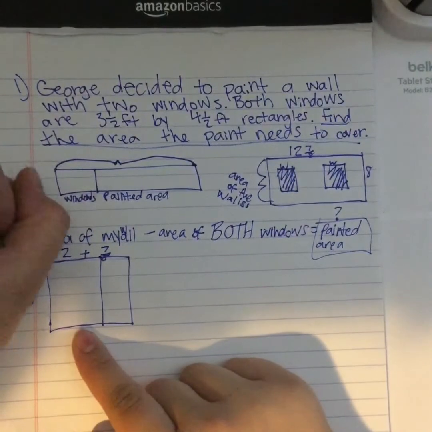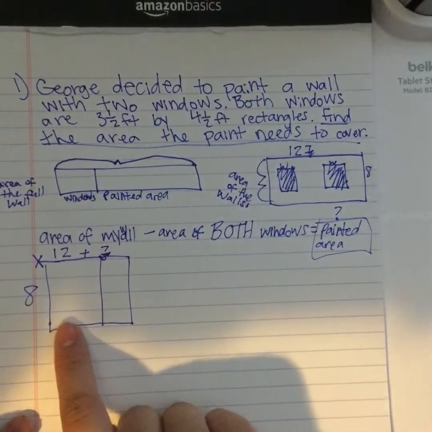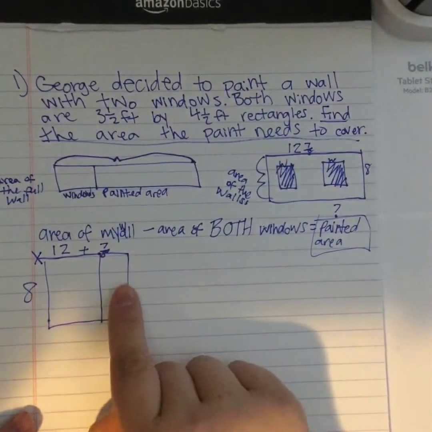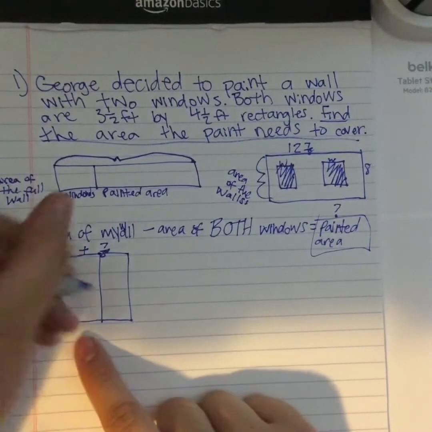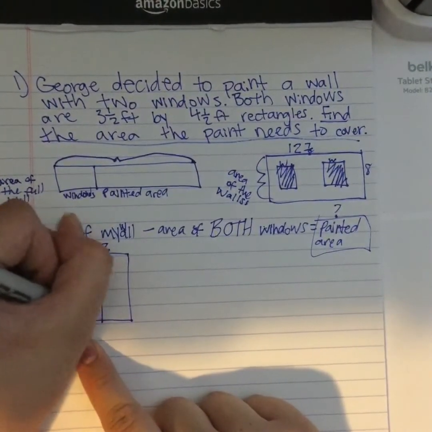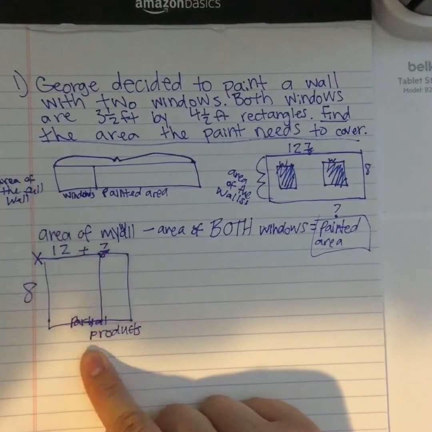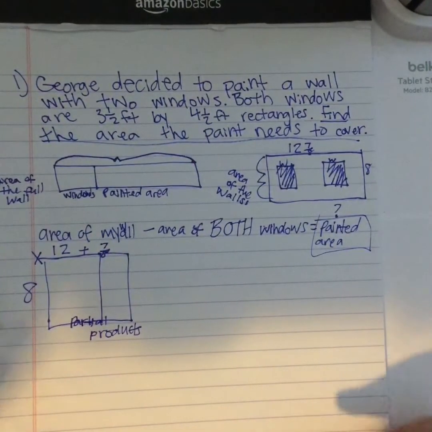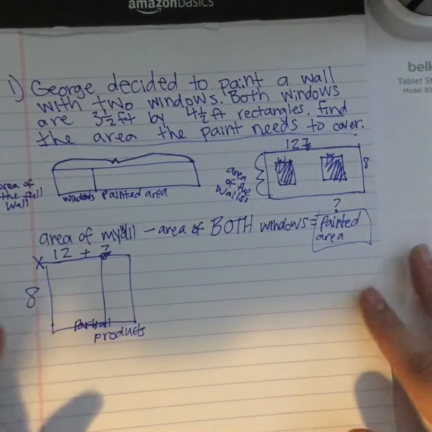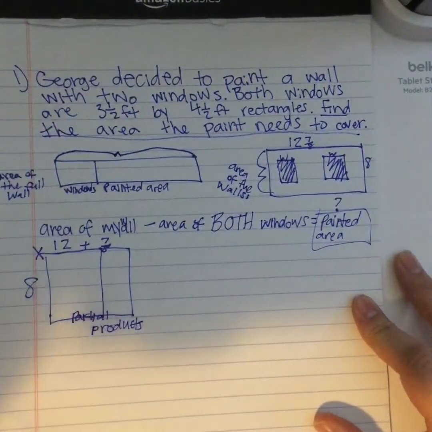What I'm doing is drawing a big picture and solving for each partial product. So each of these are called partial products. And for me, it's a lot easier than doing the standard algorithm, but I'm going to show you that as well.